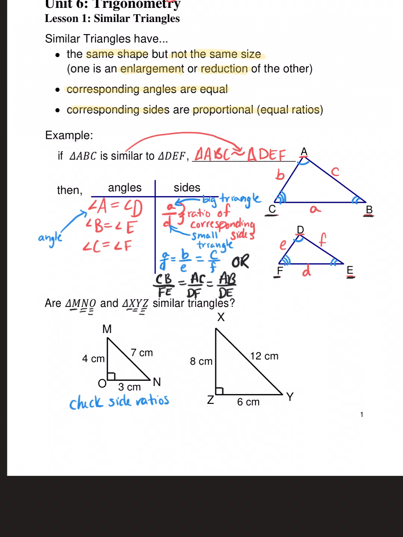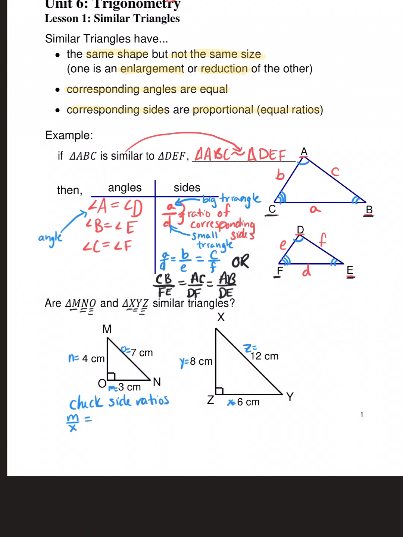Okay, so we know that M corresponds with X. So if we wanted to label, we know that this is M, this is N, and this is O. And then in my other triangle, this would be X, this would be Y, and this would be Z, right? Because it's always opposite the angle. So we would say that M over X, those are corresponding sides.